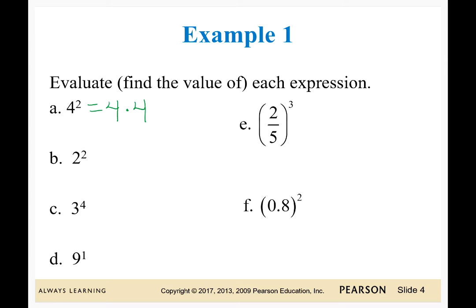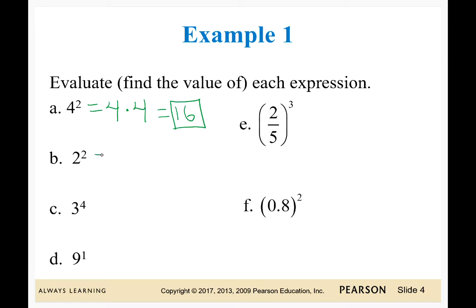So 4 squared, or 4 raised to the 2nd power, is the same as 4 times 4. And hopefully everybody knows that 4 times 4 is 16. So that's more of what I want to see. I want to see that you're using the definition. What does 4 to the 2nd power mean? So make sure you write that out. As these problems get more and more complicated, you will not have to do that. But when you first start, make sure that you really understand what those powers mean.